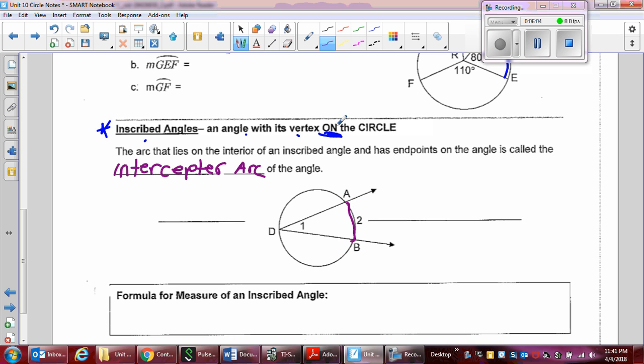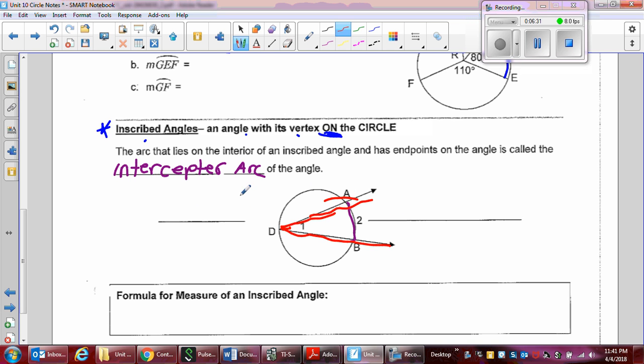It is intercepted by the two lines, DA and DB. DA and DB intercept, it cuts arc AB, and then it creates an angle here.